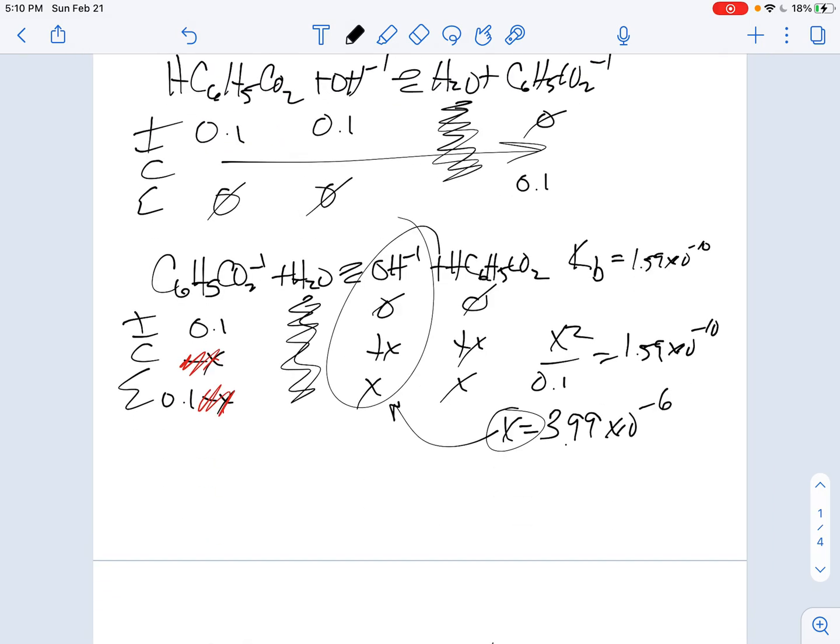So if I were to take the negative log of that number, I would get a pOH then of 5.4, which makes then a pH of 8.6.